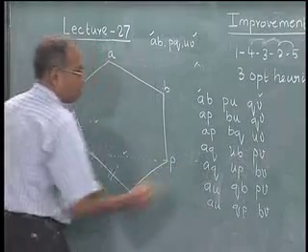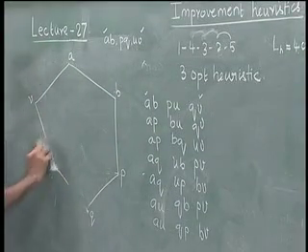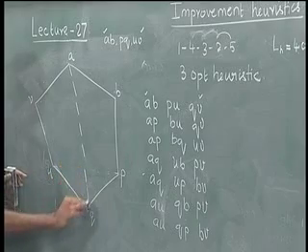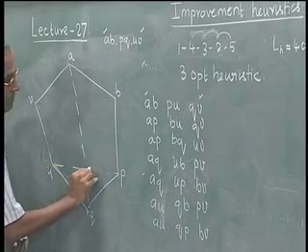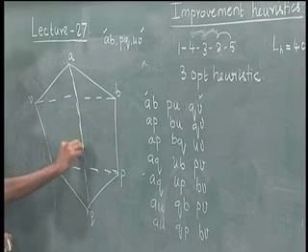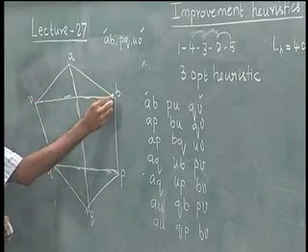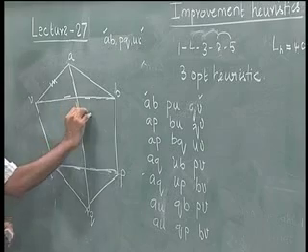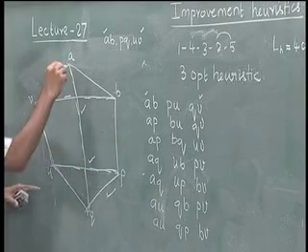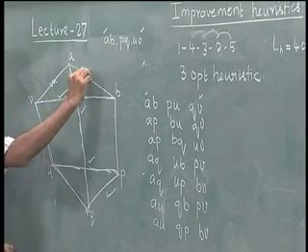Let us try and show this, A, Q, U, P and B, V. The new solution will become A, Q, U, P, B, V, which means it comes here A, Q, Q, P, P, U, U, V. So, this one is there, this one is there, this one is there.